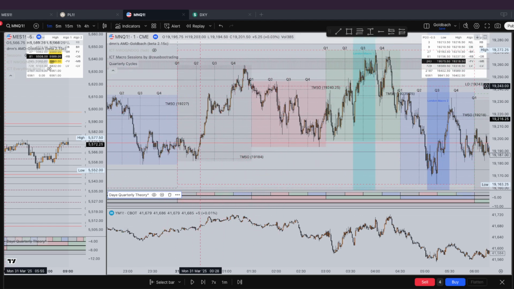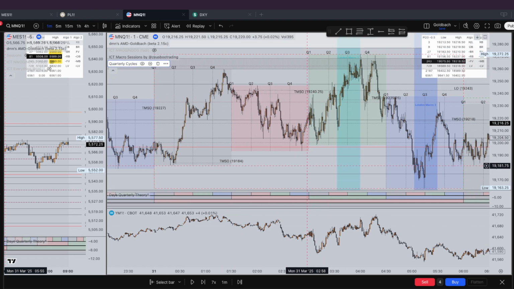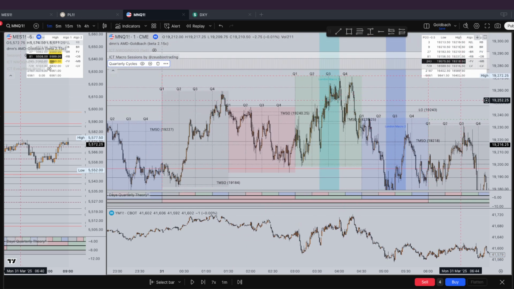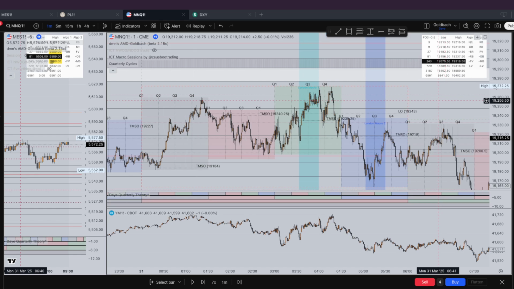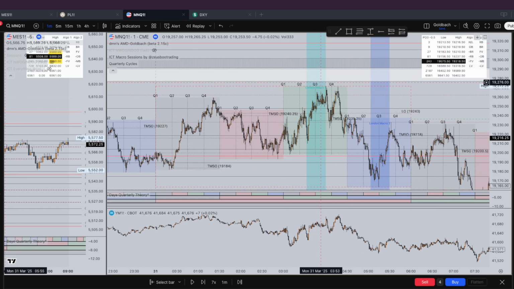Inside that, there are microcycles, right? So the main thing is to trade in the distribution, right? So 1 and 2 you should avoid. That's part of quarterly theory. And this third quarter is when you will trade, right?